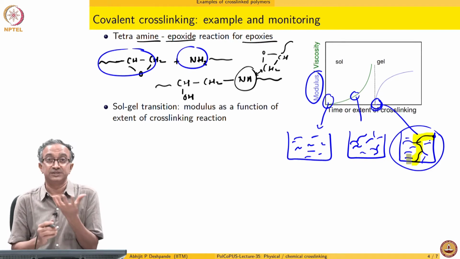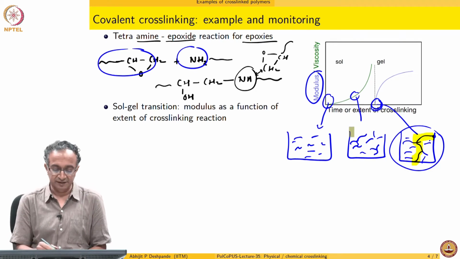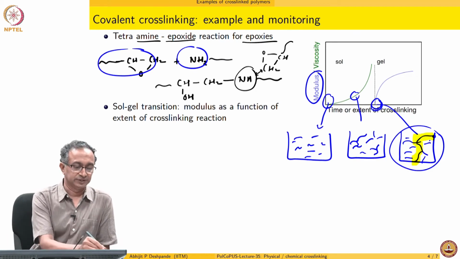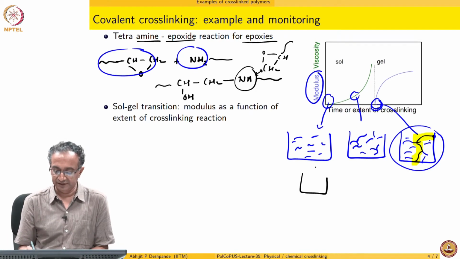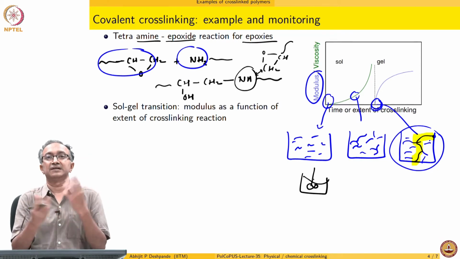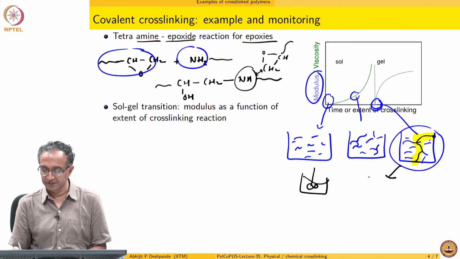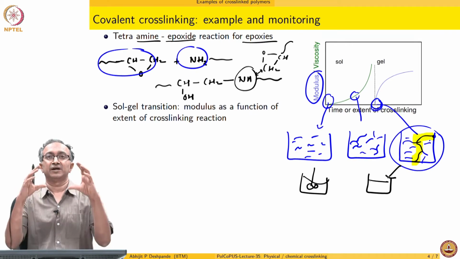So if you were to do this in a beaker, and if I were to just take the sample initially and do a stirring, what I'll get is a liquid-like response where it will stir like a liquid. But at this point, when I stir, it will rotate like a solid. It will become one block.